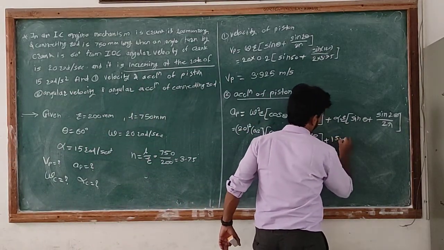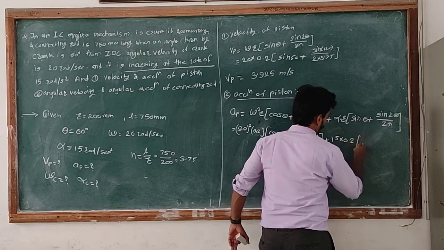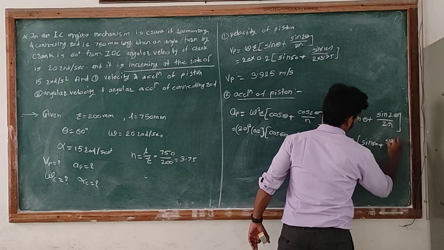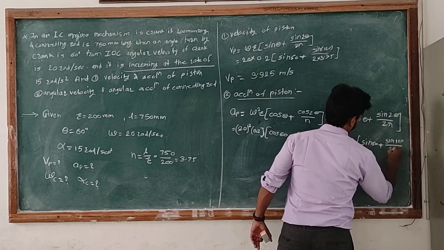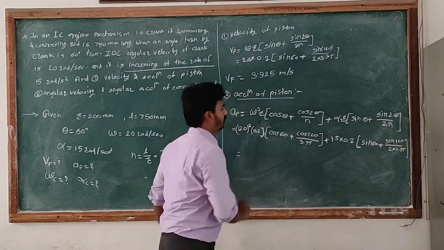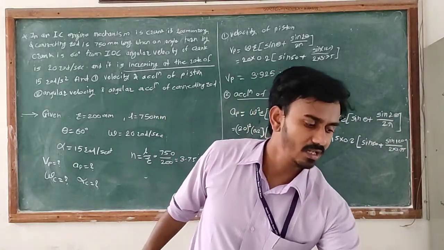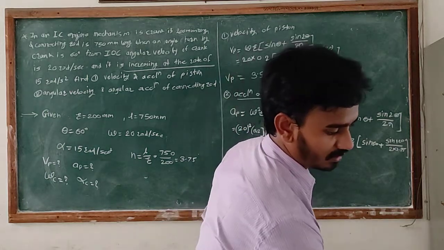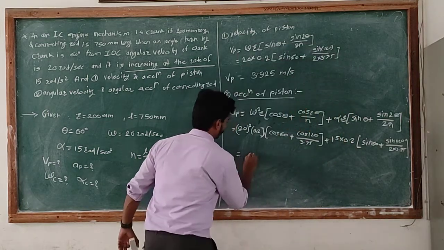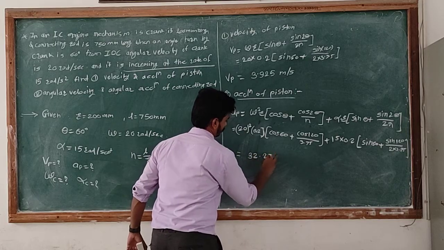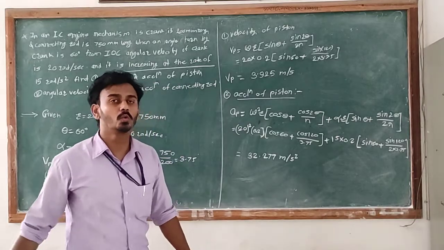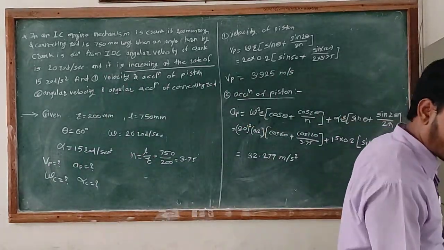So 15 into r, which is 0.2, into sin of 60 plus sin of 120 divided by 2 into 3.75. If we calculate this, we will get the acceleration of the piston, and the value of the acceleration of the piston is 32.277 meter per second square.